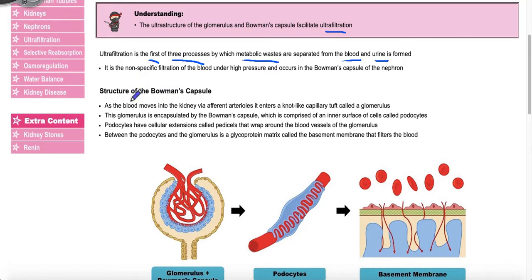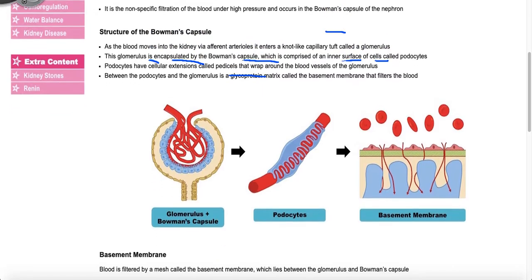So this is a filtration process that happens under high pressure. So we're going to look at how that is involved as well and how the structure of the arteries fit the function and allows for the high pressure.